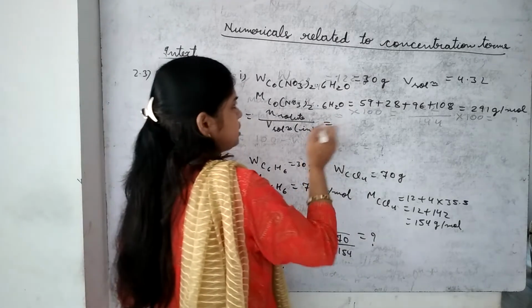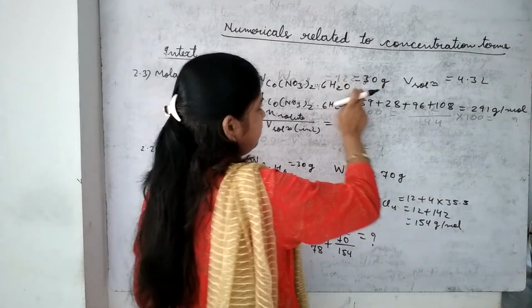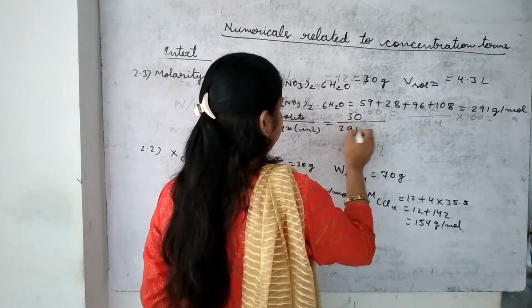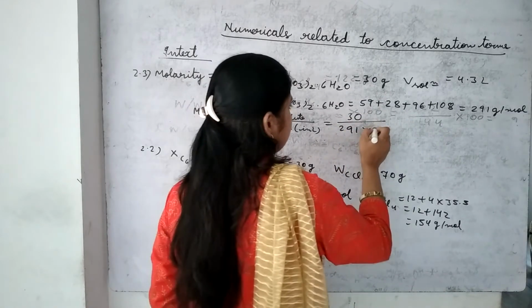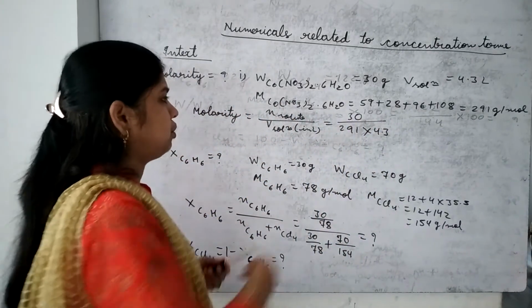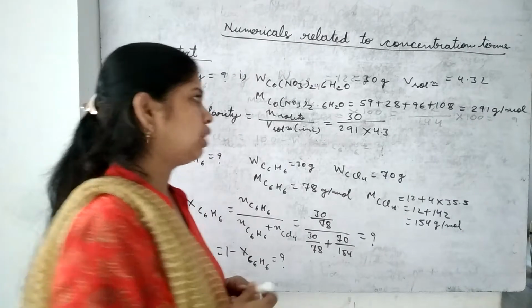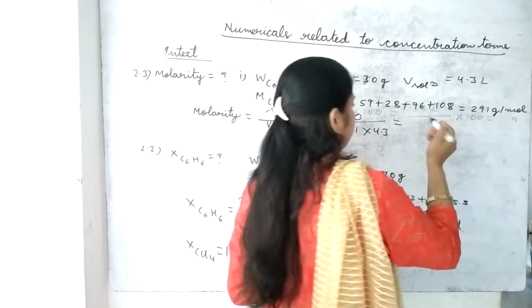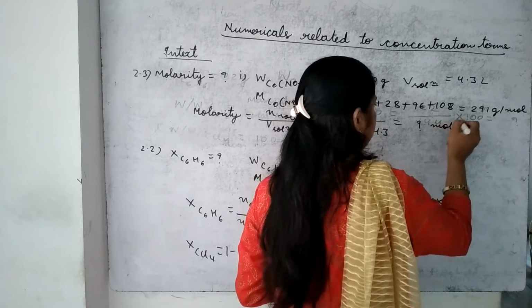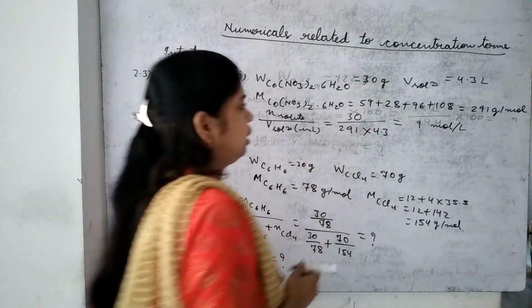Number of moles is mass given divided by molar mass, so 30 divided by 291, into volume of solution in liter. Already it has been given in liter, so no need of multiplying with 1000. And through this we can calculate the molarity, and its unit is mole per liter or molar.